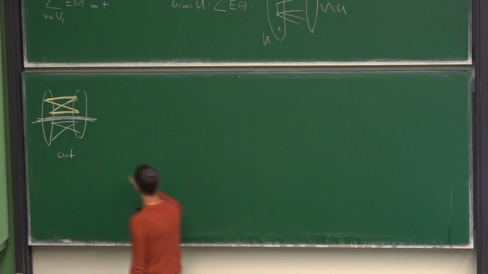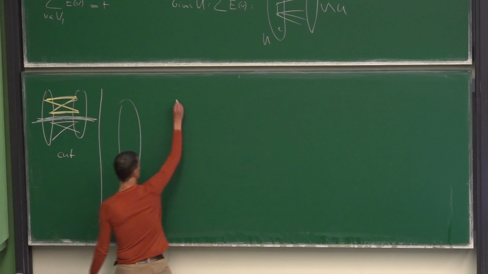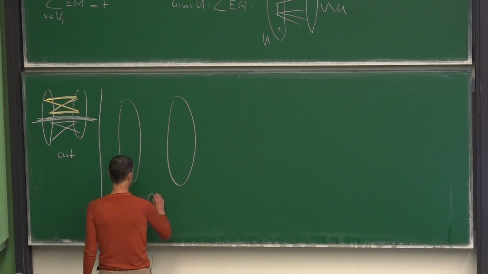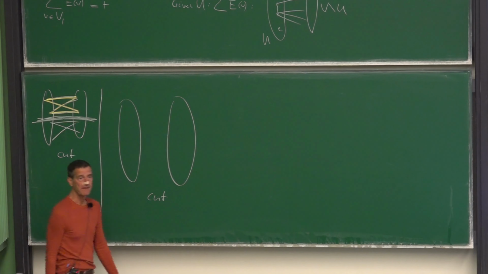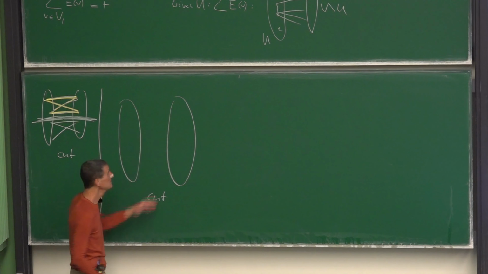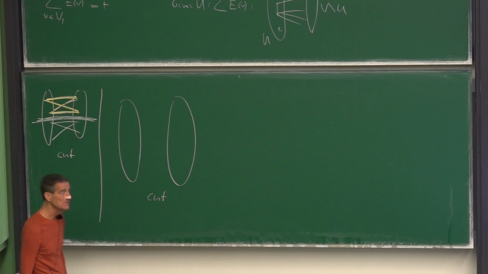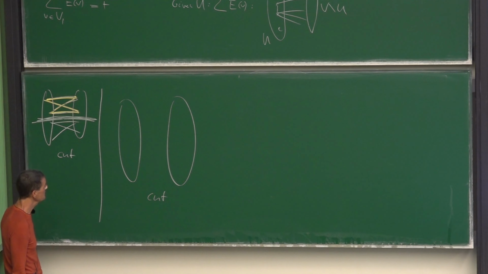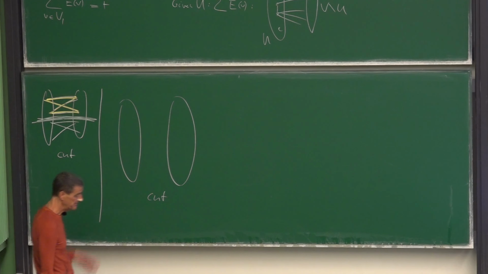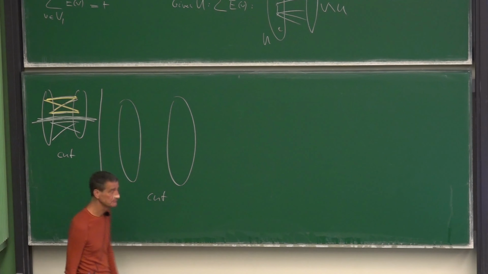Okay, let's make a bold attempt. We have a cut, and we want to see how the set of edges across, lots of edges across, I'm going to draw some in a moment, how these edges across appear as a disjoint union of bonds.